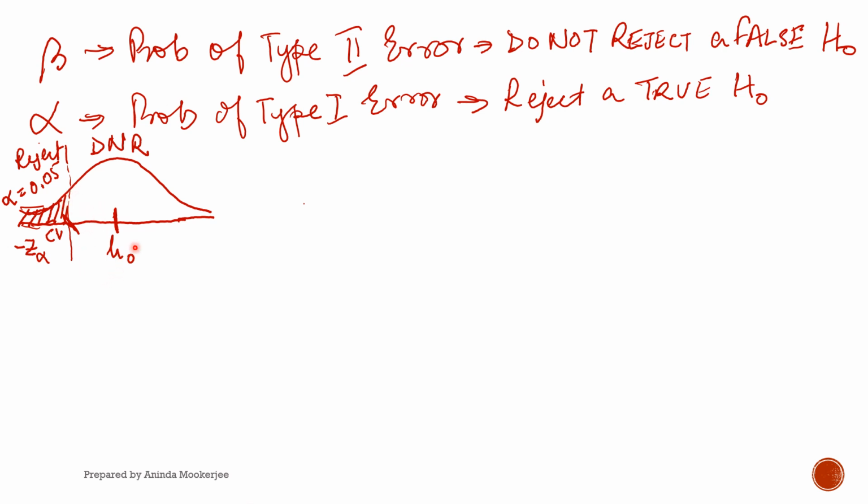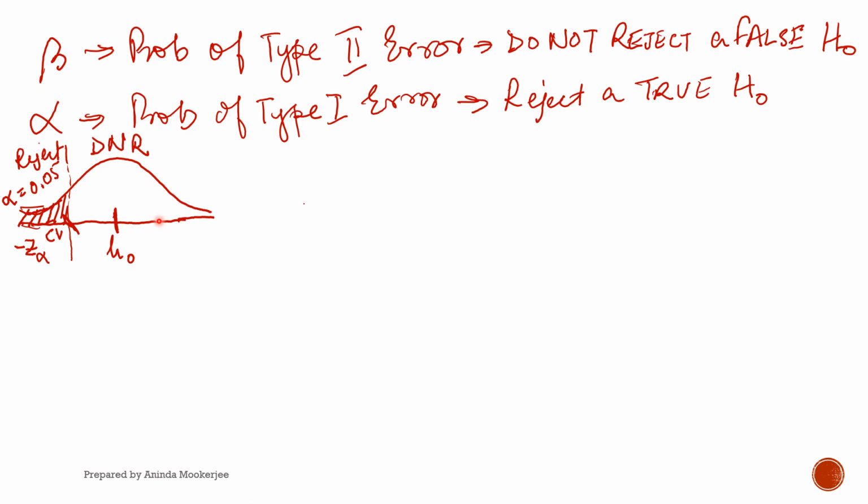And in a hypothesis test, when we draw the figure, we assume that the null hypothesis is true. The null hypothesis mean is true, and we always draw a diagram placing the null hypothesis mean at the center. All right, so everything is scaled. The position of the reject region and do not reject region is based on what the true null hypothesis mean is, right?